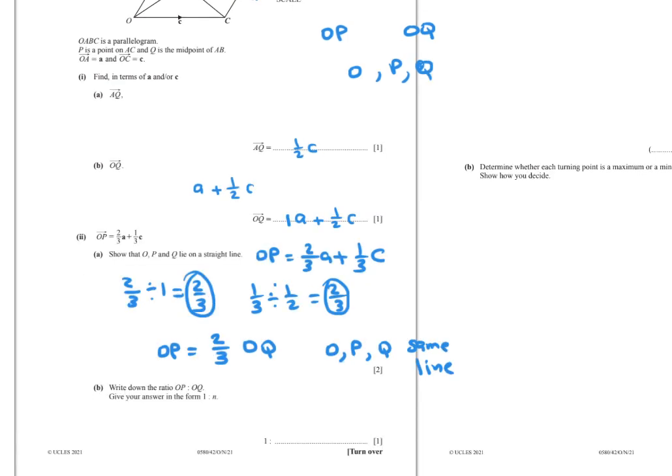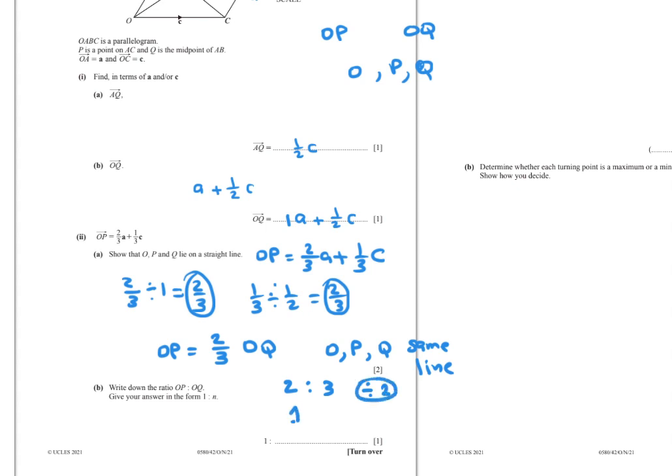B. Write down the ratio between OB and OQ. Give your answer in the form 1 to n. So the ratio between OB and OQ is 2 to 3, we proved that before. Now I need the ratio in the form 1 to n, so divide by 2.